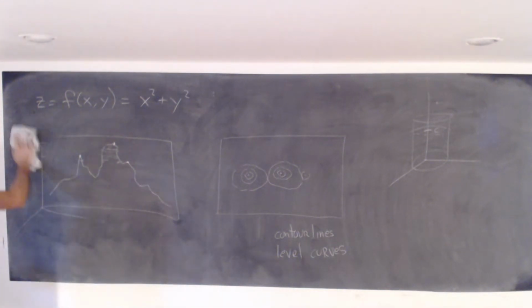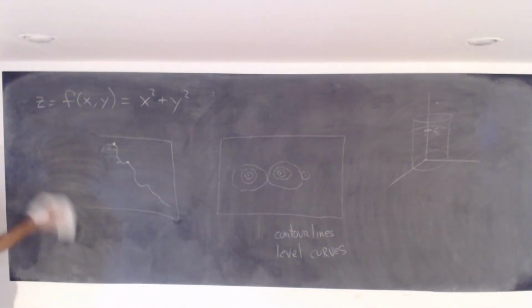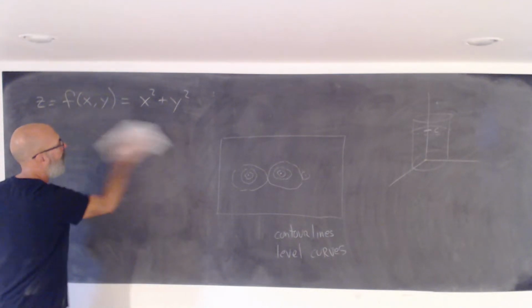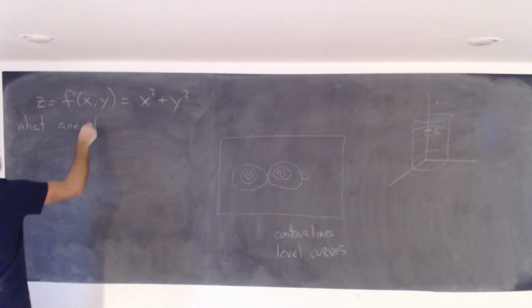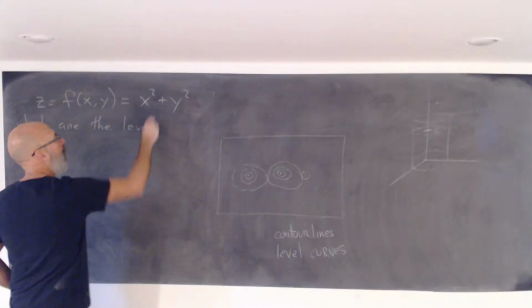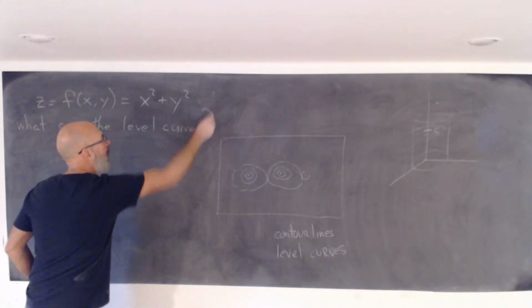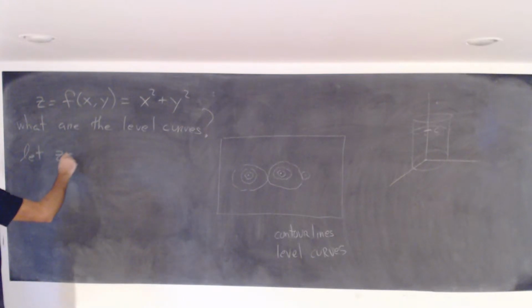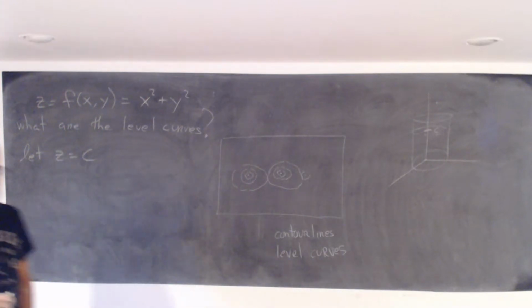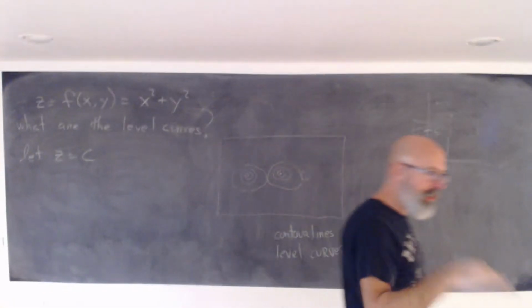Let's take this simple example that I was suggesting. Let's talk about the level curves. The level curves are what you get if you fix some height z.